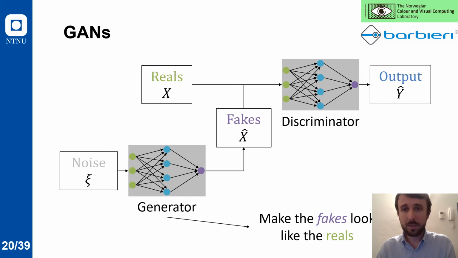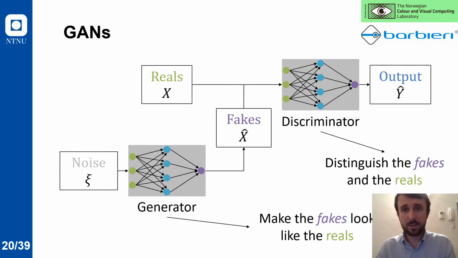The discriminator, on the other hand, is a classifier that tries to tell the real input data from the fakes made by the generator. Both networks learn on the basis of cost functions derived from the output of the discriminator.